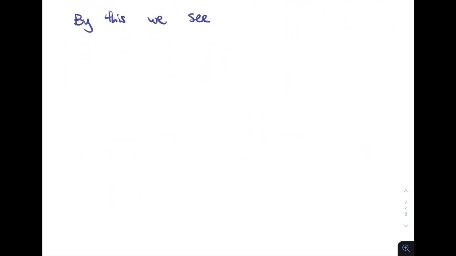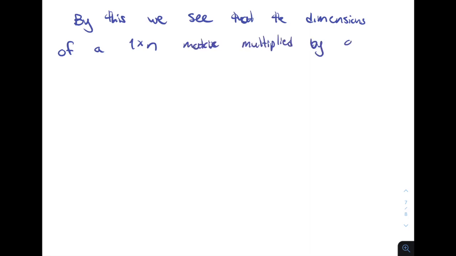By this we see that a 1 by n, so a row matrix with n elements, multiplied by an n by 1 column matrix will be 1 by 1, which we can think of as just a number.